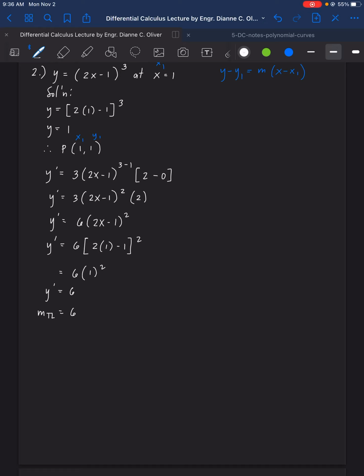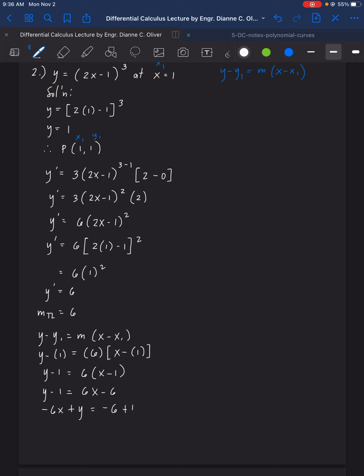So, for the equation of the tangent line, using the point slope form, y minus the value of y1, which is 1, equals the value of the slope, 6, times x minus the value of x1, which is 1. So, we have there y minus 1 equals 6 times (x minus 1), y minus 1 equals 6x minus 6. We have negative 6x plus y equals negative 6 plus 1.